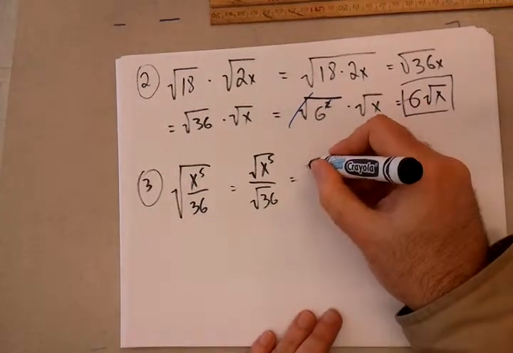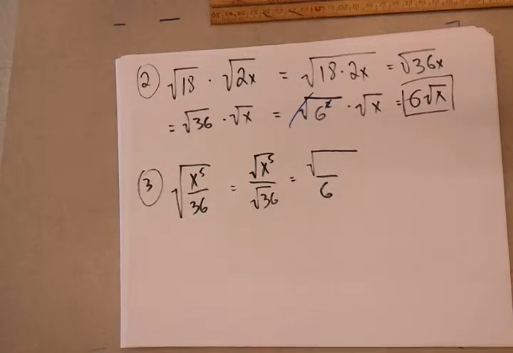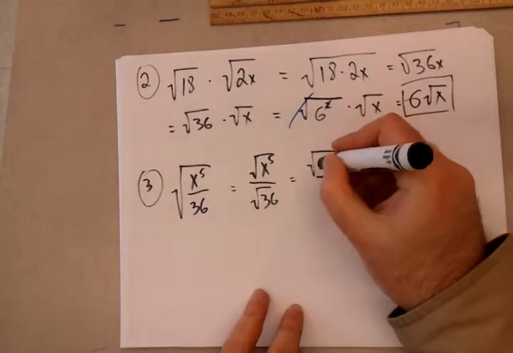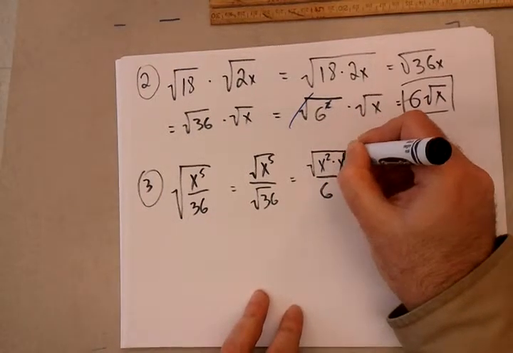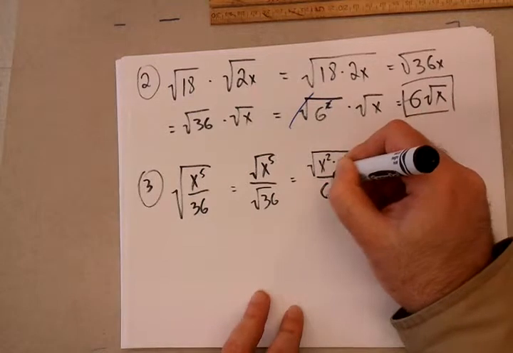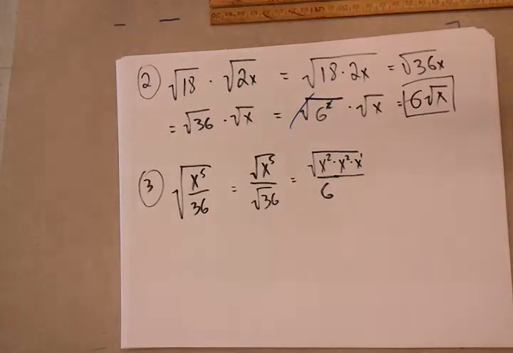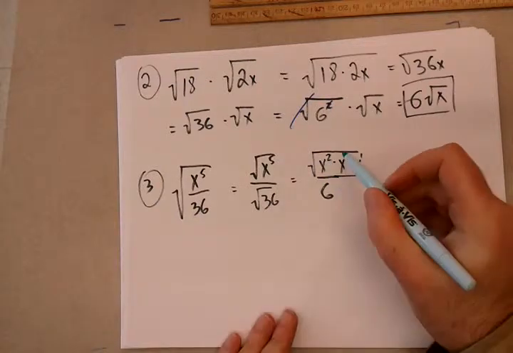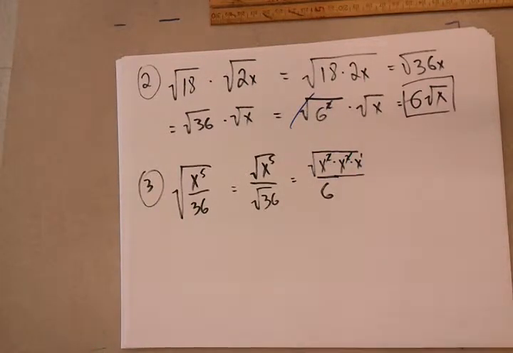On the top, though, you have x to the 5th power, which is the same as x times x times x times x times x. Or you can write it as x squared times x to the 1st. As I told you before, anything with a power of 2 can and will cancel out its root and then hop out of the square root itself.